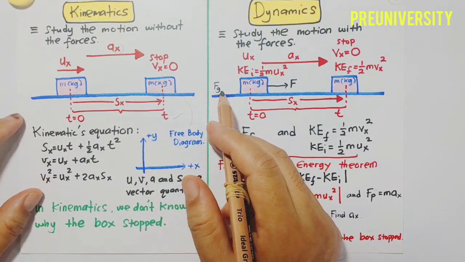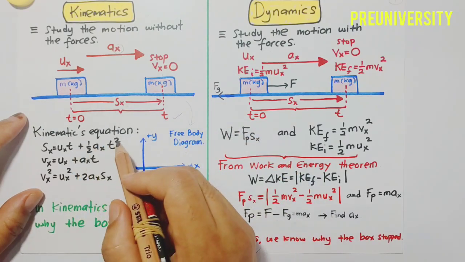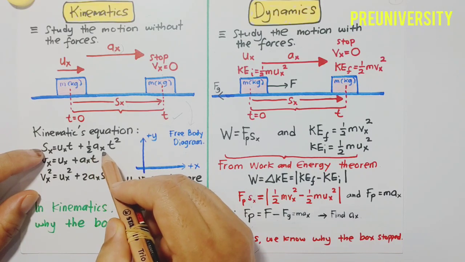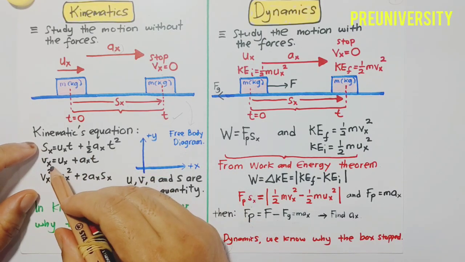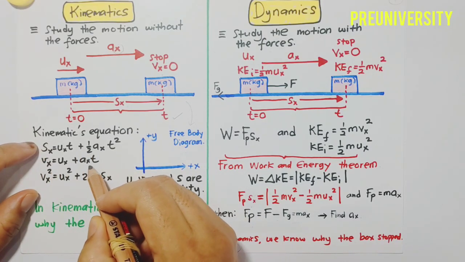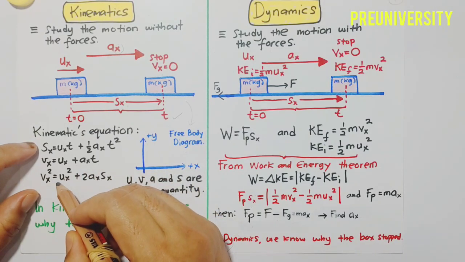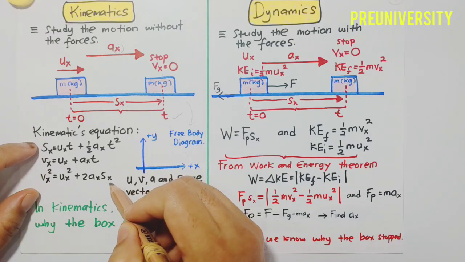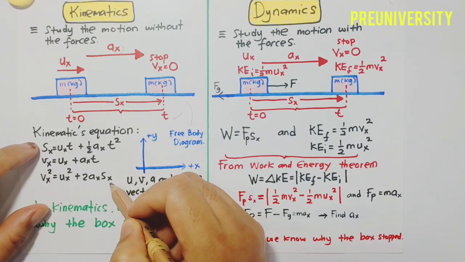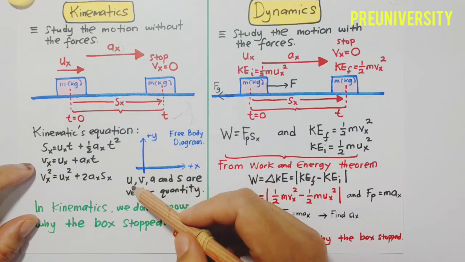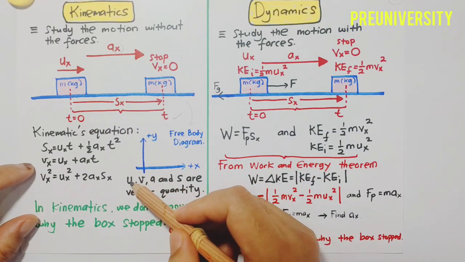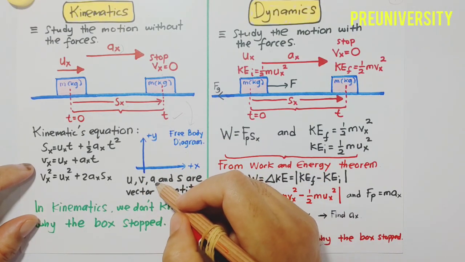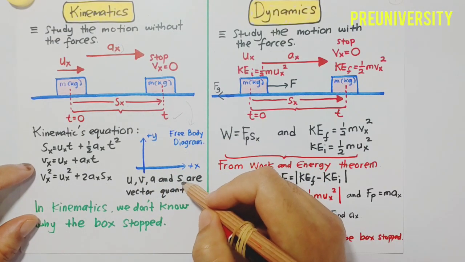The displacement sx is a displacement along the x-axis, because we refer to this free body diagram. Okay, so let me recall the kinematic equations. sx is equal to uxt plus half axt squared. vx equals ux plus axt. vx squared equals ux squared plus 2ax sx. Here u is the initial velocity, v is the final velocity, a is the acceleration of the object, and s is the displacement.